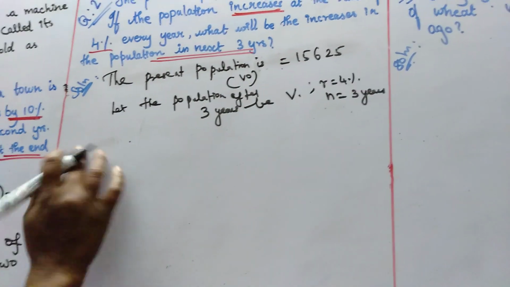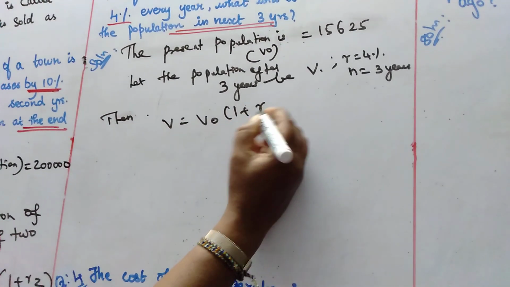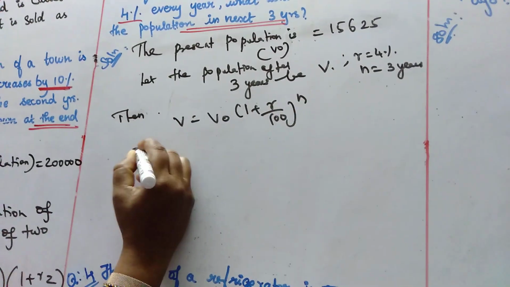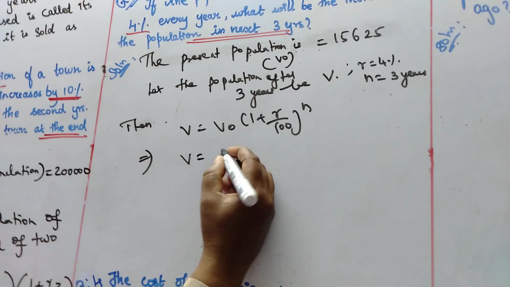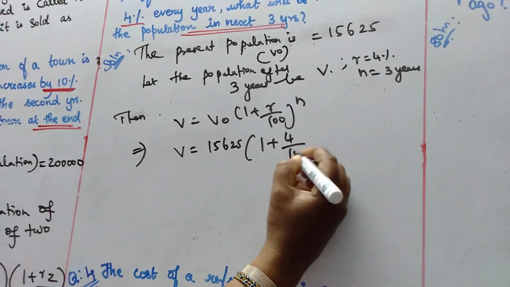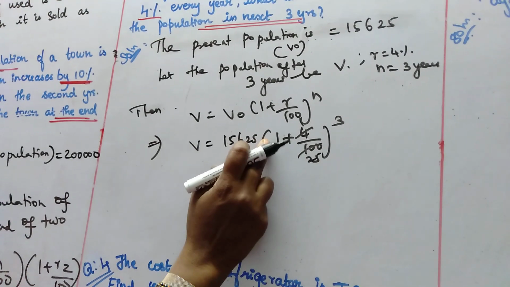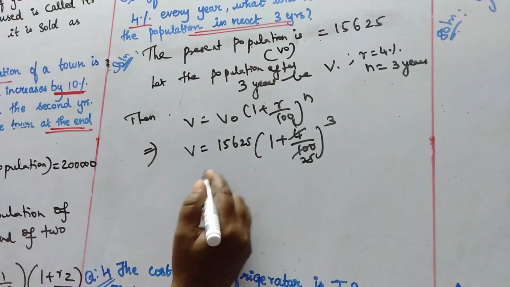Okay. So then V is equal to V naught into 1 plus R by 100 the whole power n, which implies V equals 15,625 bracket 1 plus 4 by 100 the whole power 3. By 4 table, if we cancel this one time, this is 25. So 25 into 1 is 25, 25 plus 1 is 26.